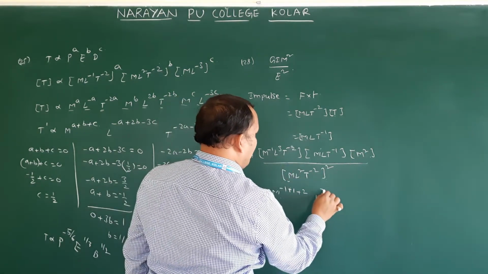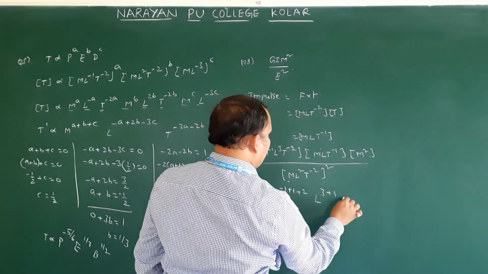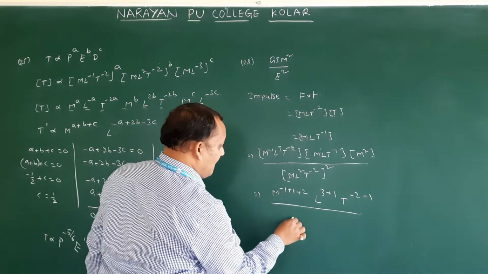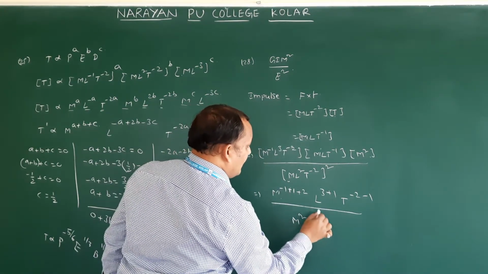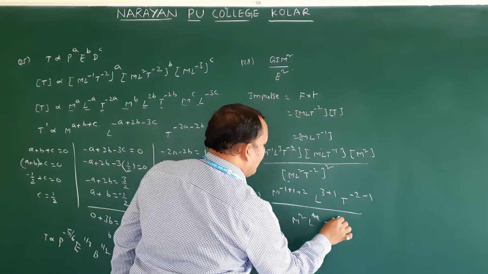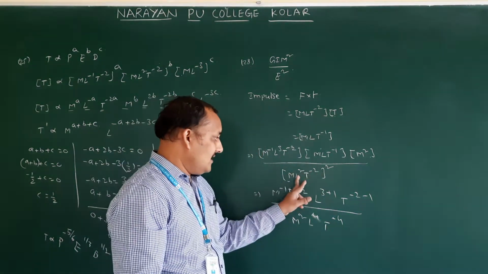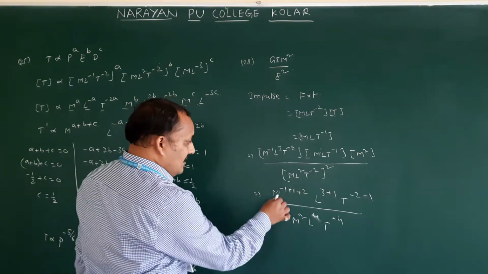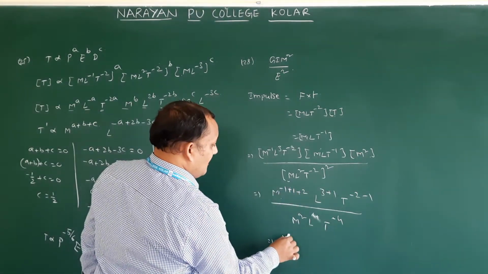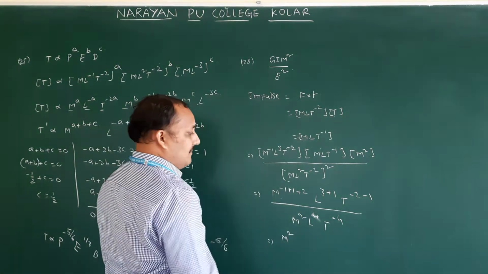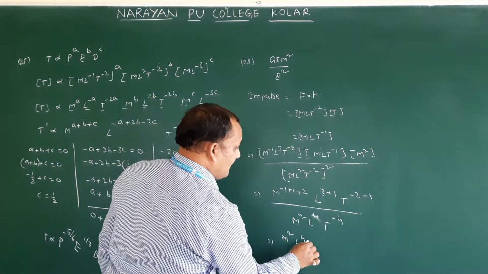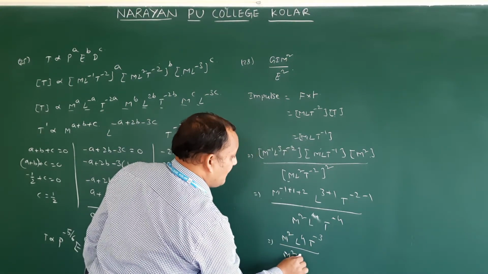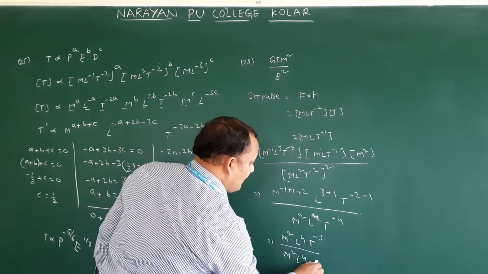So L power 3 plus 1, T power minus 2 minus 1, is divided by M square L power 4 T power minus 4.